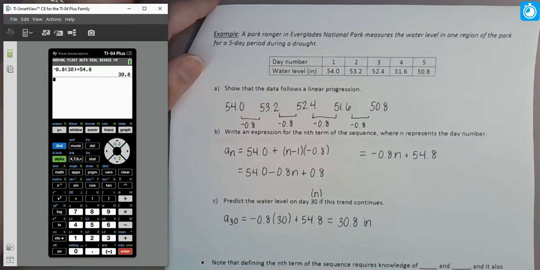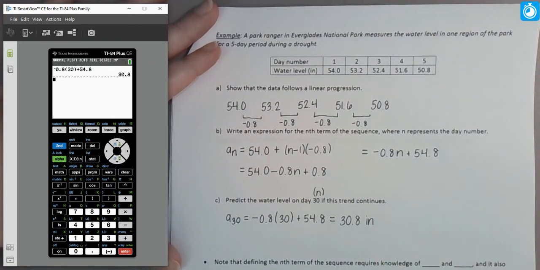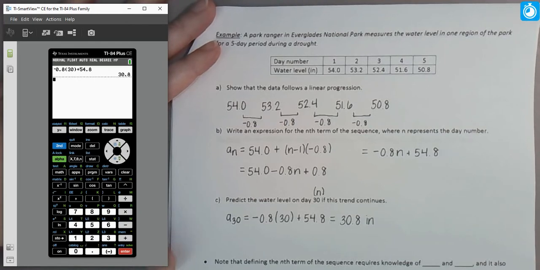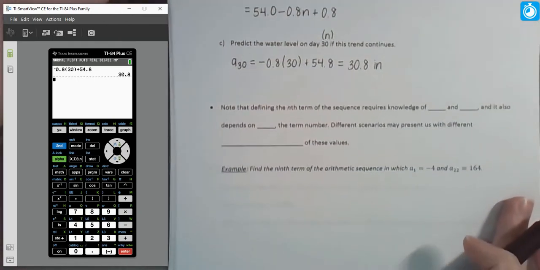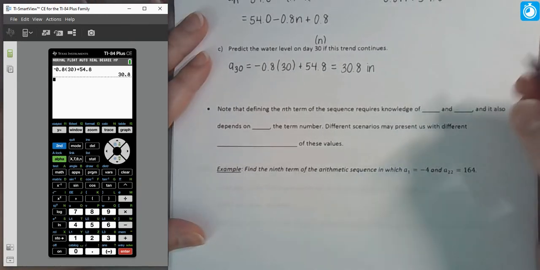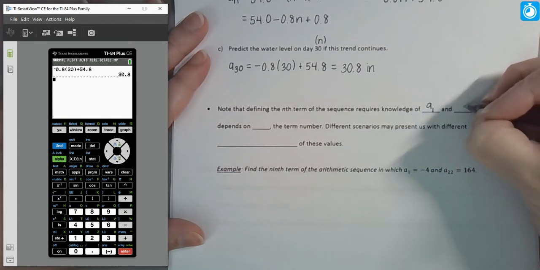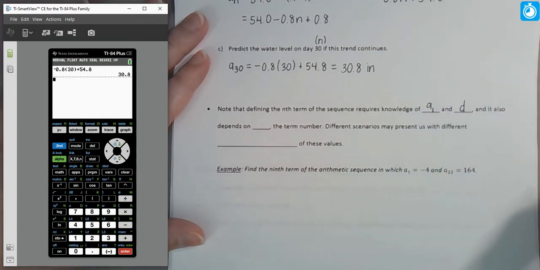Okay, so what we know about defining the nth term can actually be used in a variety of different ways. So we can define pretty much anything we need about the sequence as long as we can find information about our first term and about our common difference. So in general, defining the nth term of our sequence requires knowledge of a sub 1, our first term, and d, our common difference.